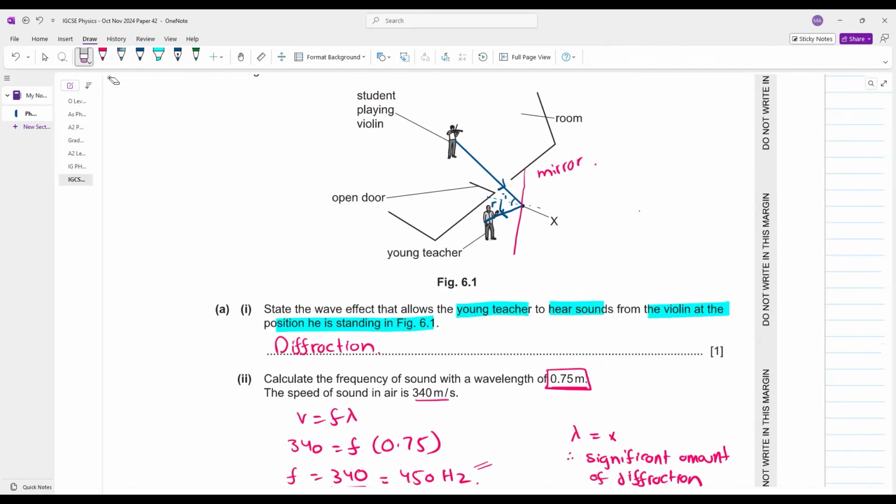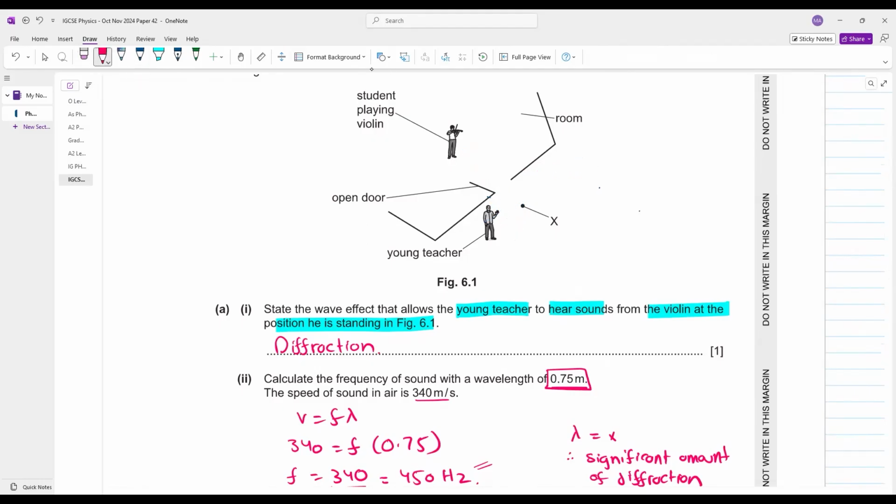Also you can draw this light ray in a much better manner like this. Okay, so let me draw the drawing again. I don't know why I messed it up.